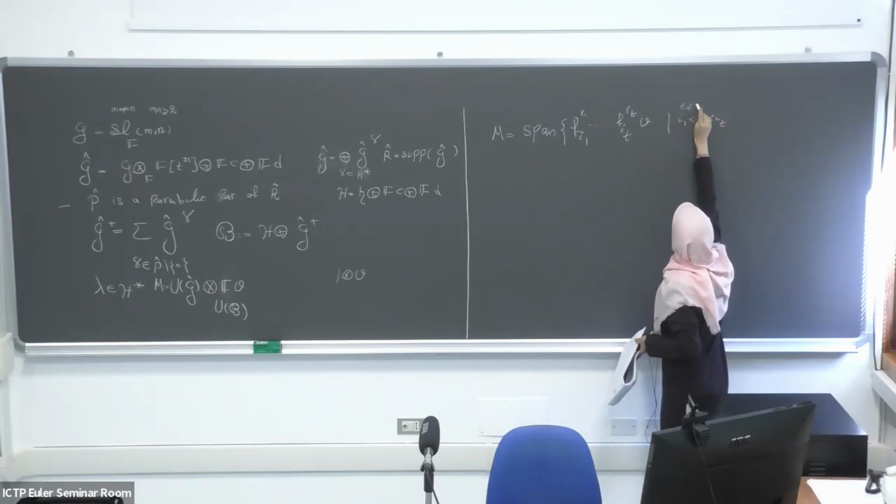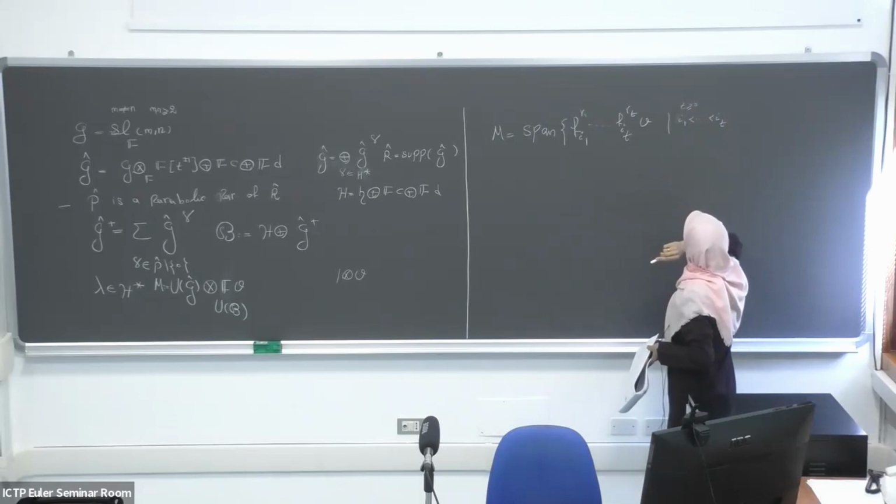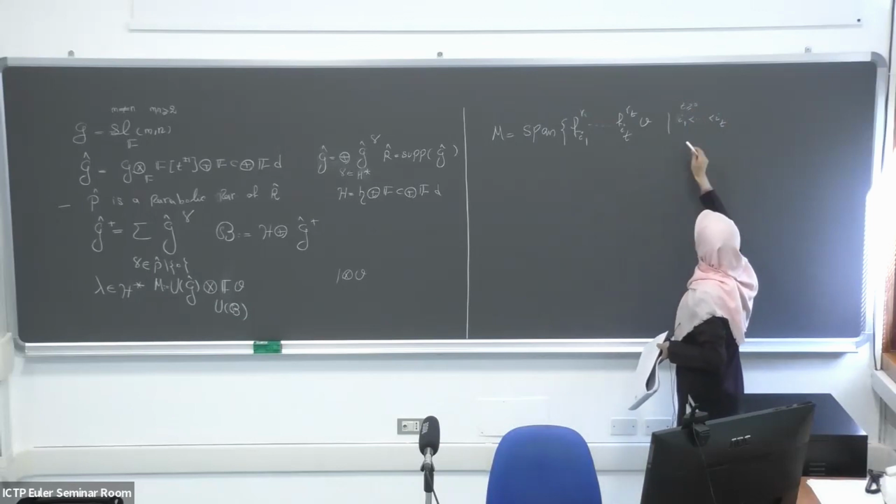T is a positive integer or 0. R1 up to RT are greater than or equal to 0.